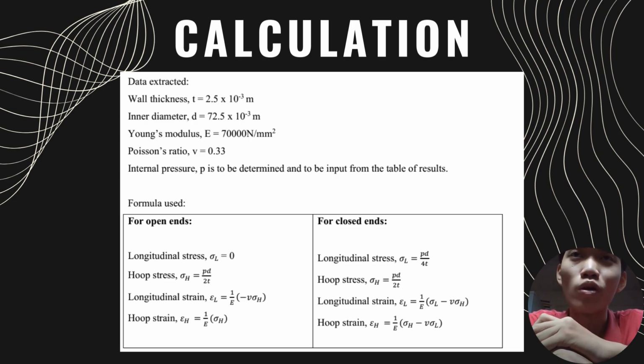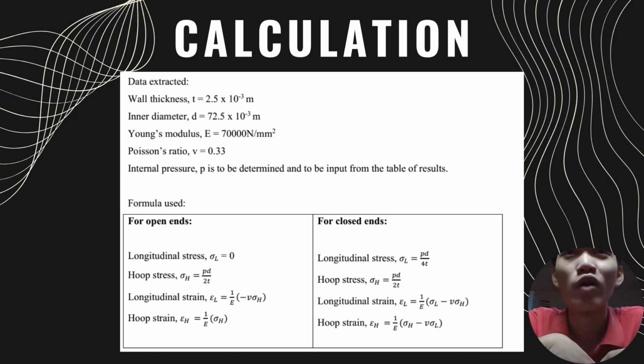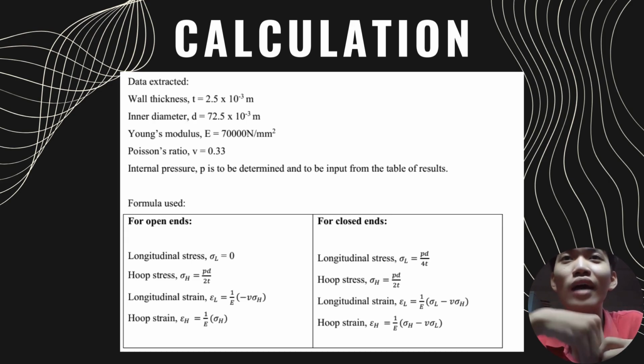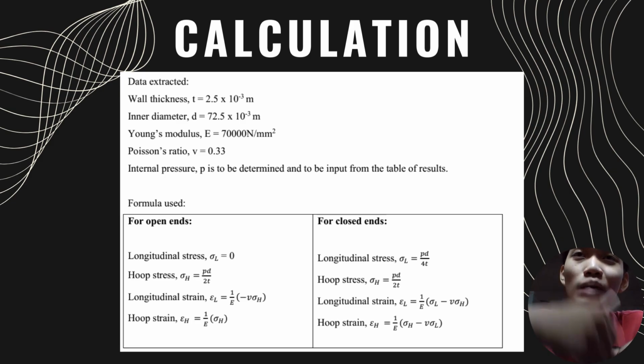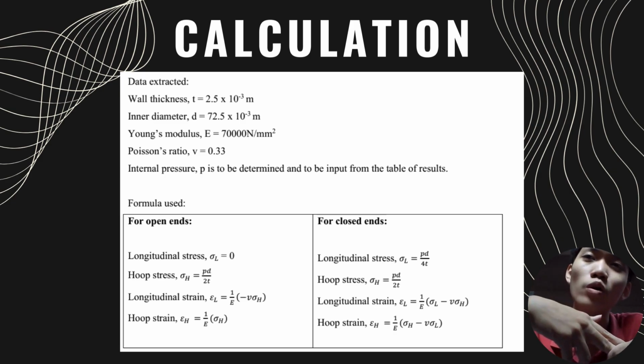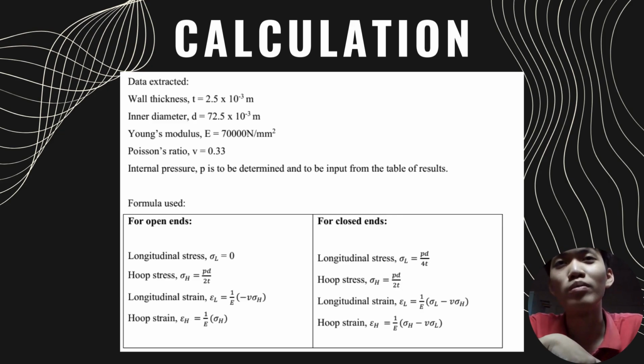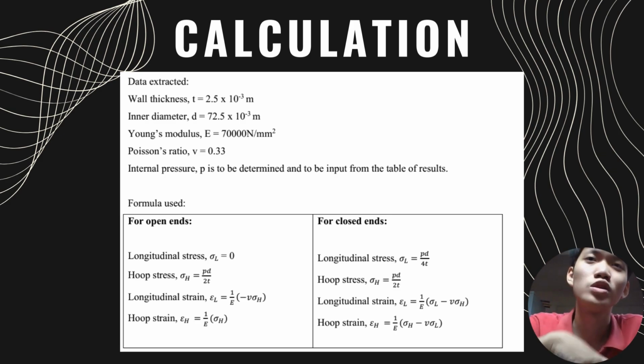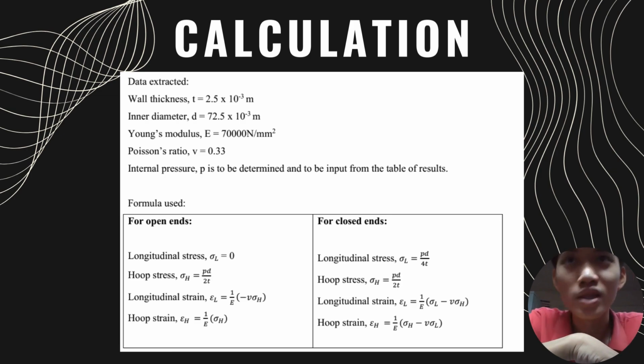For example, for thickness, we have 2.5 times 10 to the power of negative 3 meters. We also have the values of inner diameter, Young's modulus, Poisson's ratio, and internal pressure. We will be inputting them from the table of results. We will be using 4 formulas, which are for longitudinal stress, hoop stress, longitudinal strain, and hoop strain.